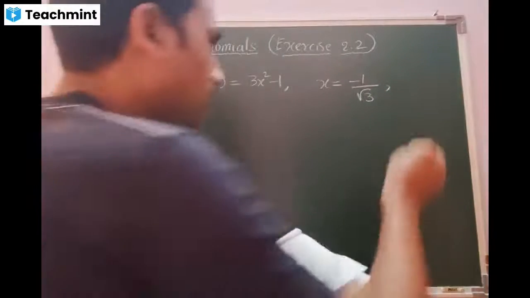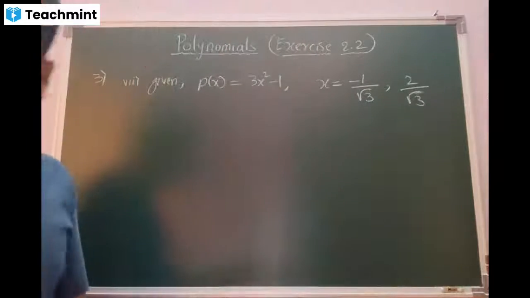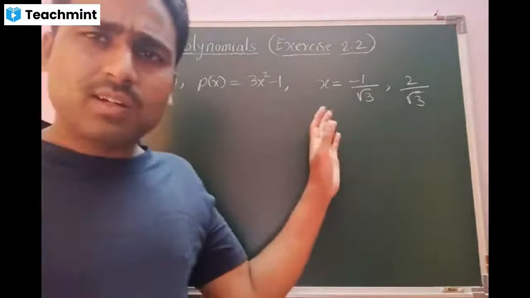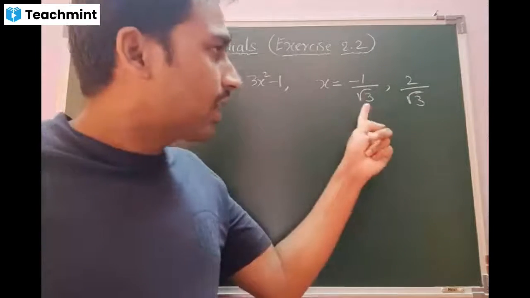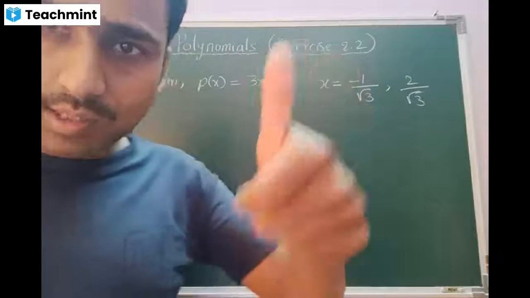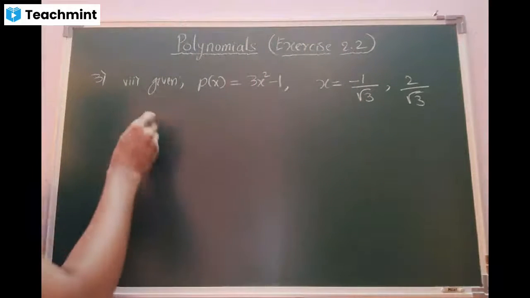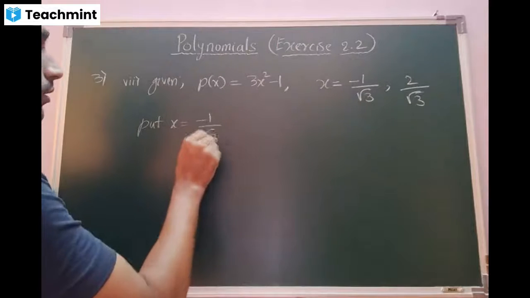One more they have given 2 by root 3. Am I right? Again, beta, somewhat similar to the earlier question. Need not to worry about it. Only the change is irrational numbers, how come? That is what we have to take into consideration. Clear, beta?